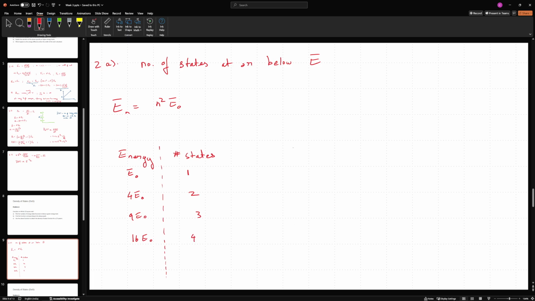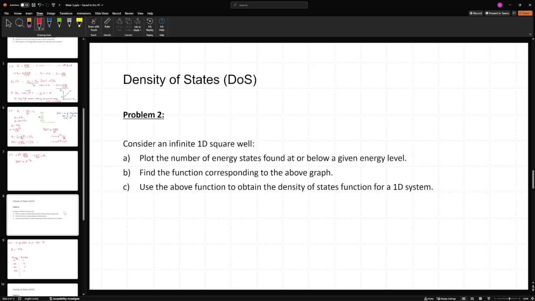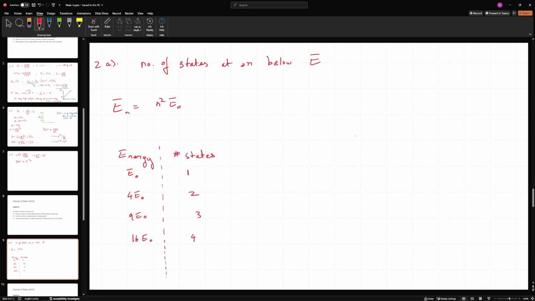So if I were to try to plot this as a graph, part B involves finding the function. So, A and B kind of go together. So let me look at this graph.